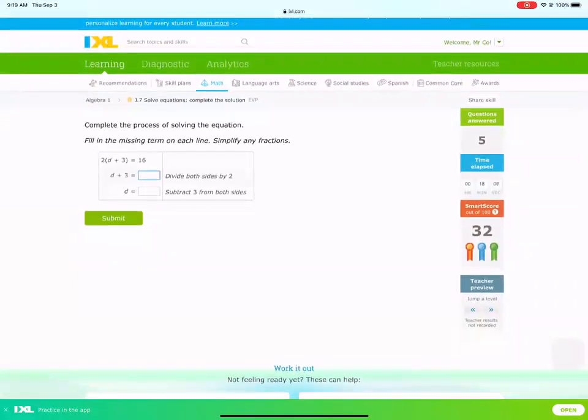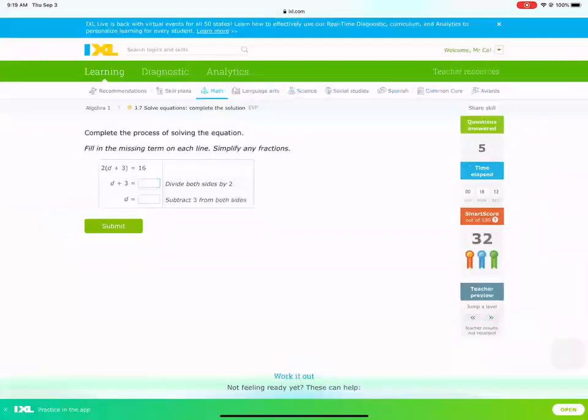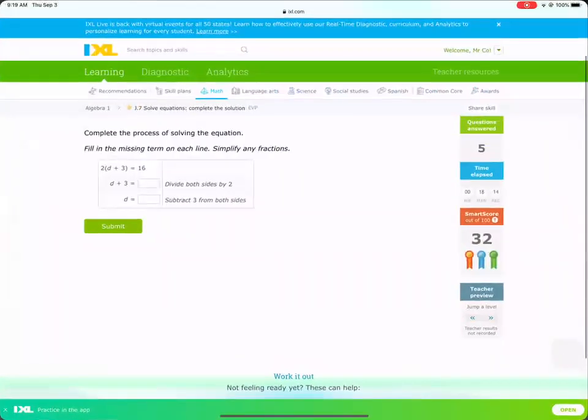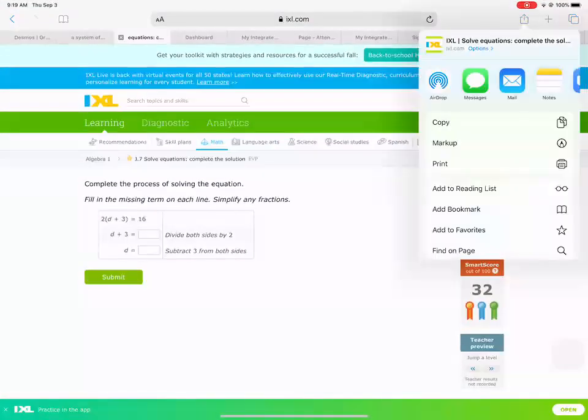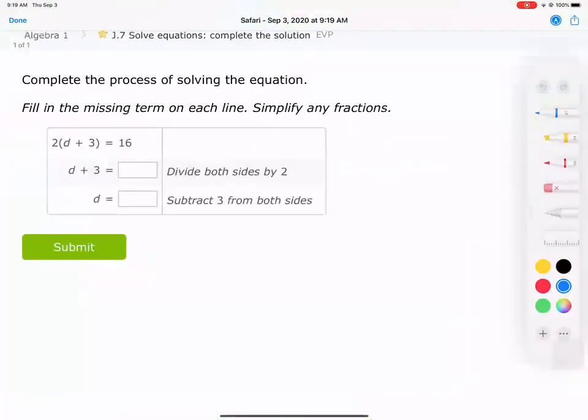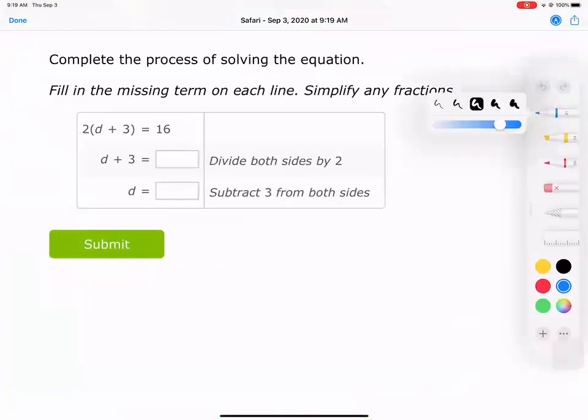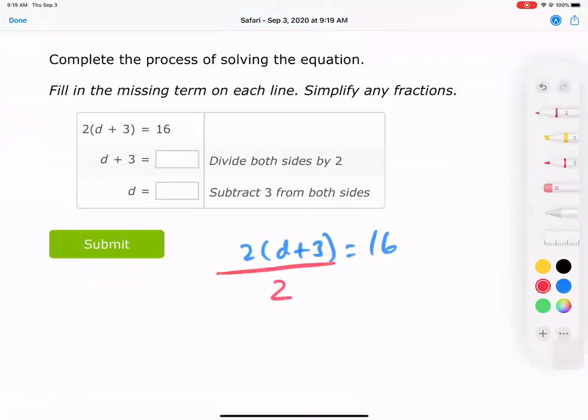For this problem, we see dividing again. Let's mark it up. They told us to divide by 2. So 2d plus 3 equals 16. Let's try dividing both sides by 2. I'm going to draw a big fraction on both sides.